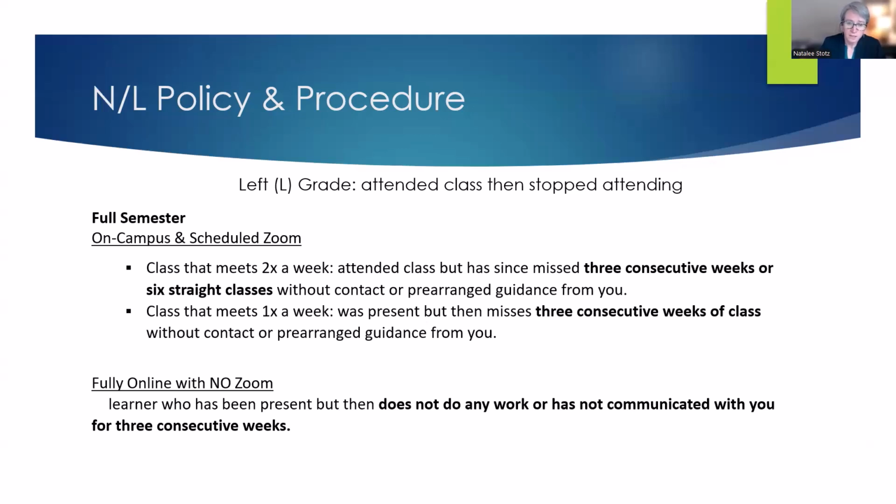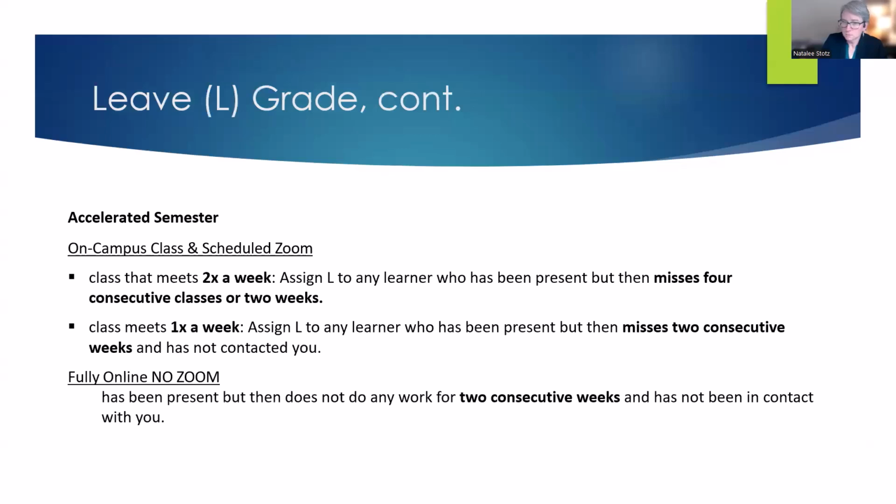If it's a fully online class with no Zoom, and they stop doing work and have not communicated with you for 3 consecutive weeks, then they're going to be assigned an L grade.